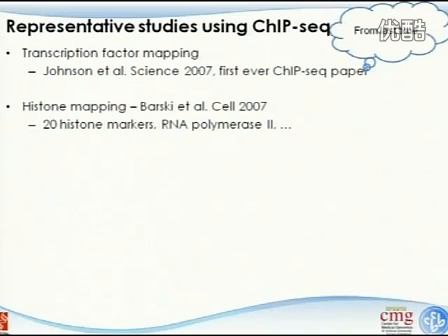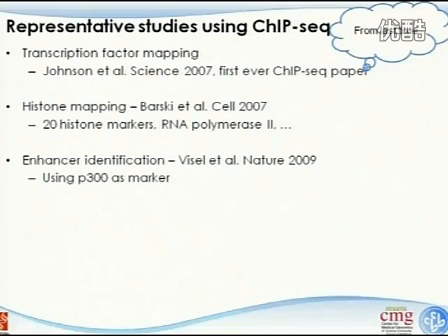There are many different histone modification markers, and if you design antibodies to target those different markers, you can understand how chromatin modification is organized genome-wide. Then enhancer identification: these are two papers, both published in Nature, and they used P300 as a marker.